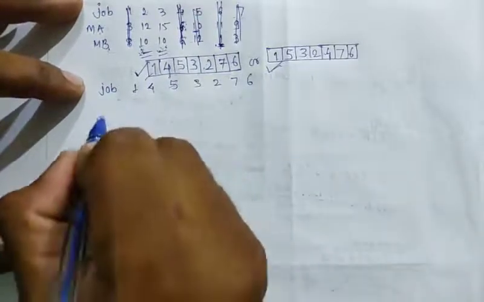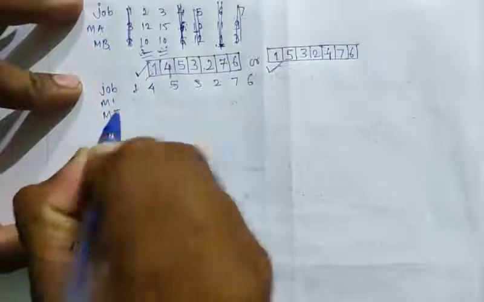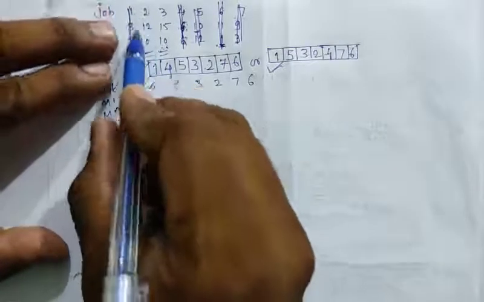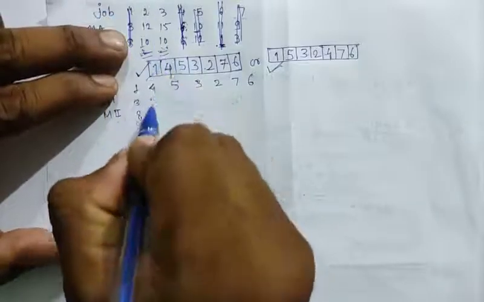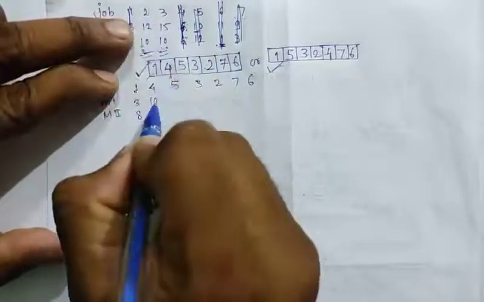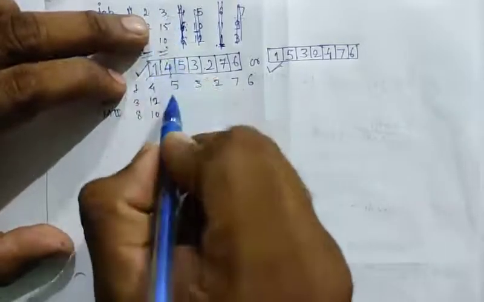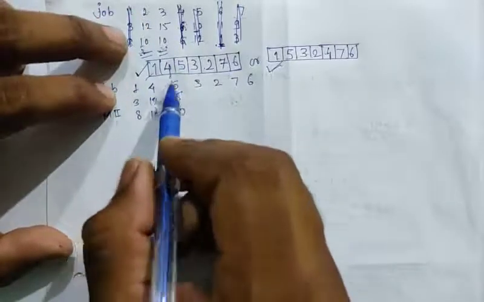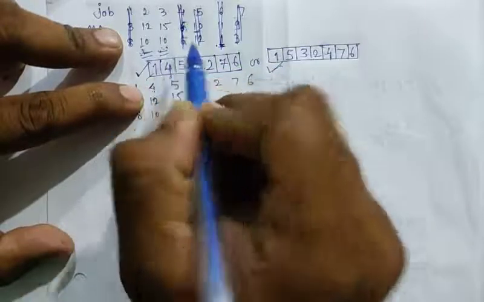So here, this is for machine M1 and this is for machine M2. The first job has values 3 and 8. Job 2 has 12 and 10 hours respectively. For job 3, 15 and, sorry, here there is a mistake. For the fourth job, 6 and 6 hours.